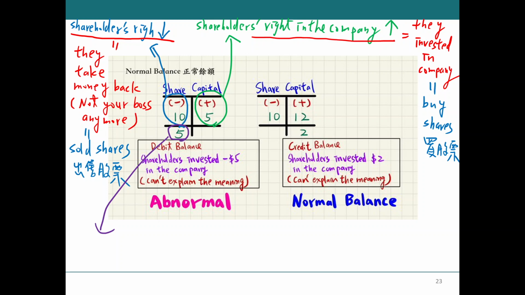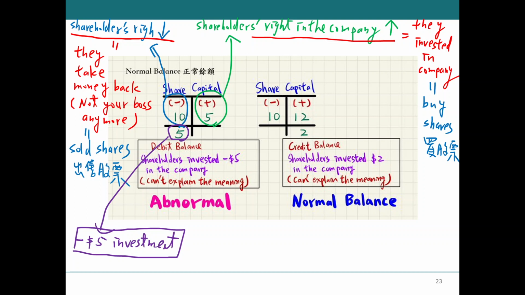Share capital, $5 on debit side means negative $5 investment. How is that possible? Impossible. If I don't have investment, my investment is 0. If I have an investment, it is 1, 2, 3, 4, 5. So a negative final amount is impossible.